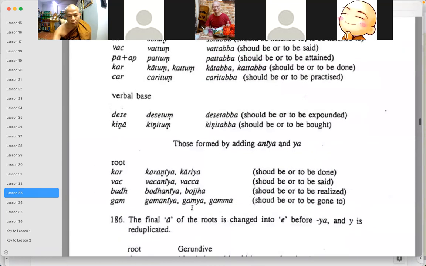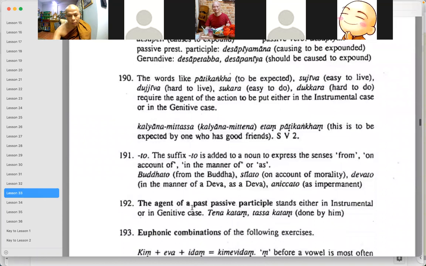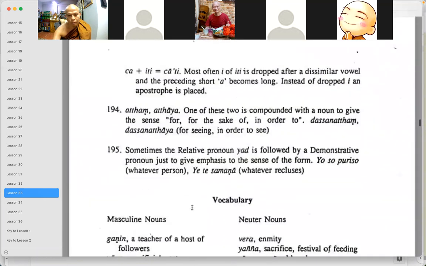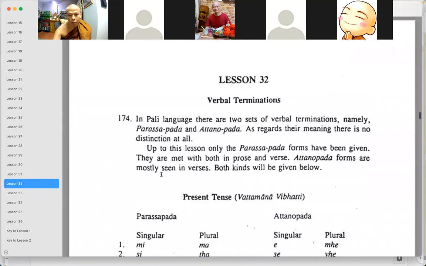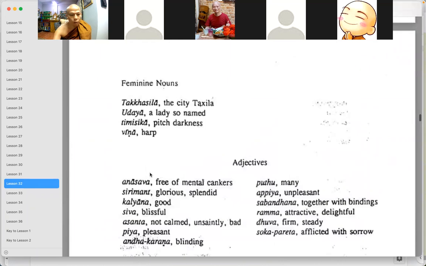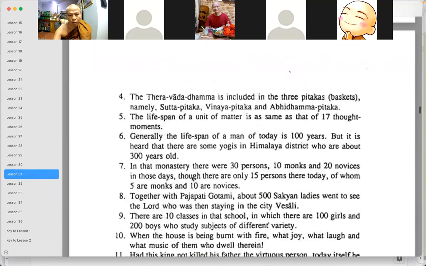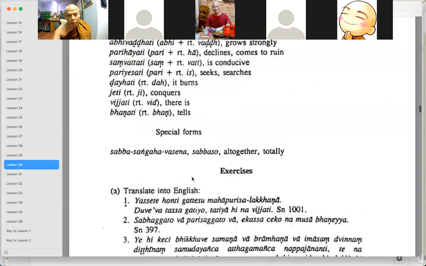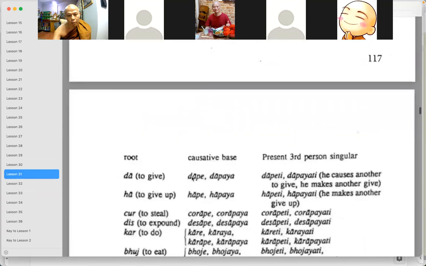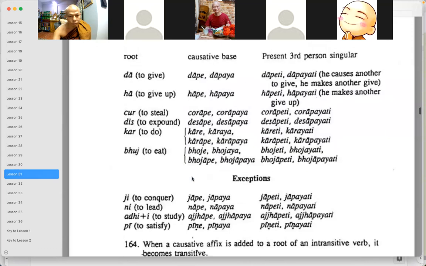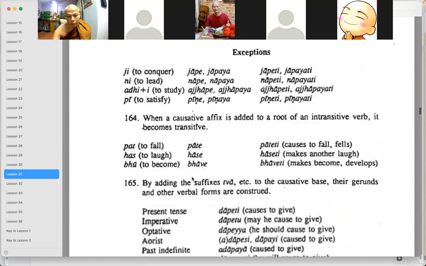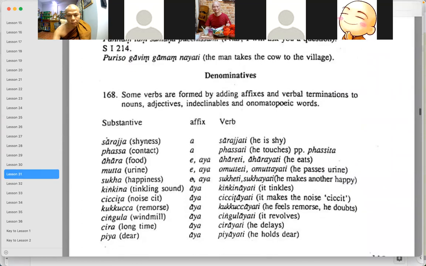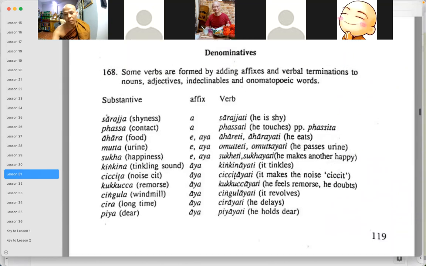Future passive participle, gerund, locative absolute. Sorry, where? Lesson 31, the causative. Here you see, page number 119 in your Pali Easy.